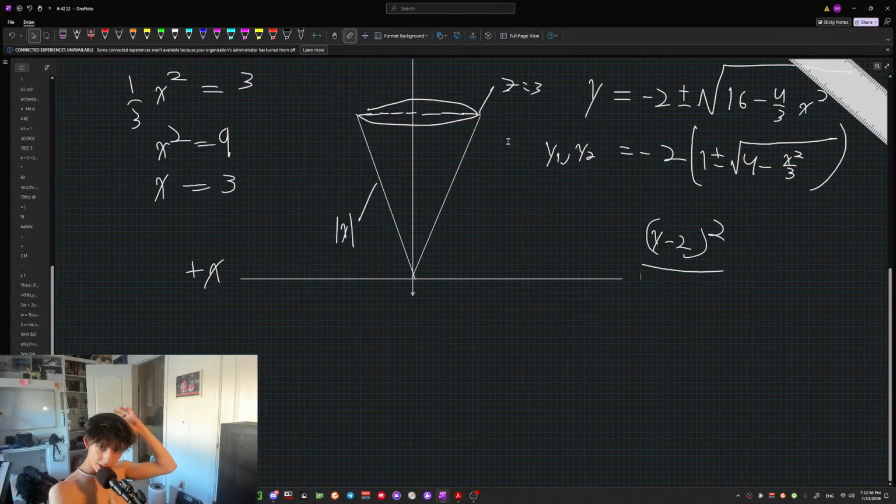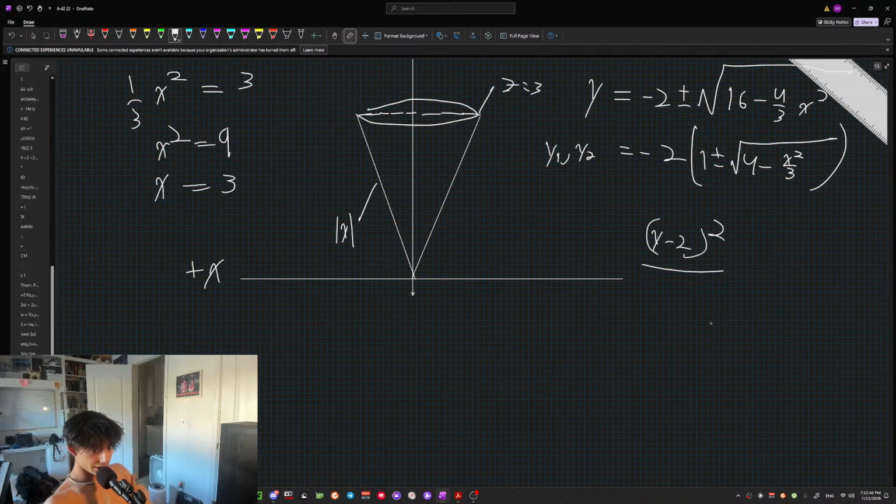The radius, I believe this is... IDK, bruh. It has to extend out.